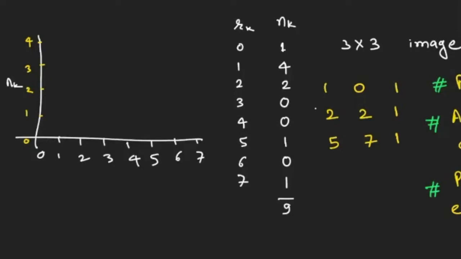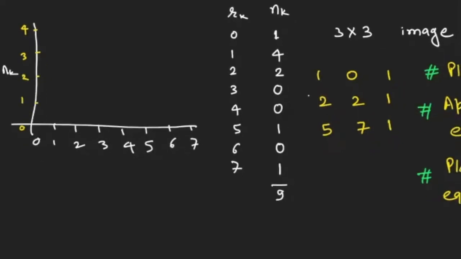So first we will have 0 as 1. So this will be my first point. Second point, for 1 I have 4. So the second point will come over here. Third is 2, which is coming 2 times. 3 is 0. 4 is 0. 5 is 1. 6 is 0.